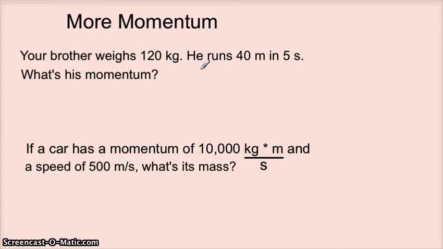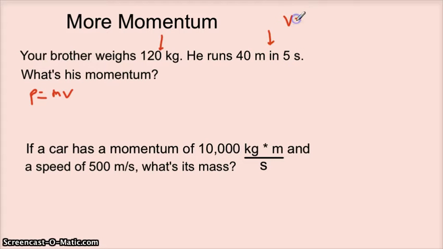What if your brother weighs 120 kilograms? He runs 40 meters in 5 seconds. What is his momentum? Well, let's see what the momentum formula is. P equals mass times velocity. We have the mass, kilograms, but we don't have the velocity yet. Velocity is in meters per second. So we need to go ahead and find the velocity.